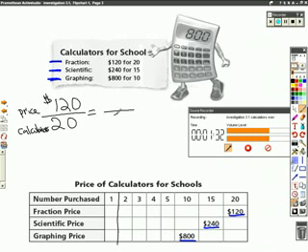We want to know how much is 1 calculator. What is the price of that? Now, what we could do is we could say the price for 1 is our X.